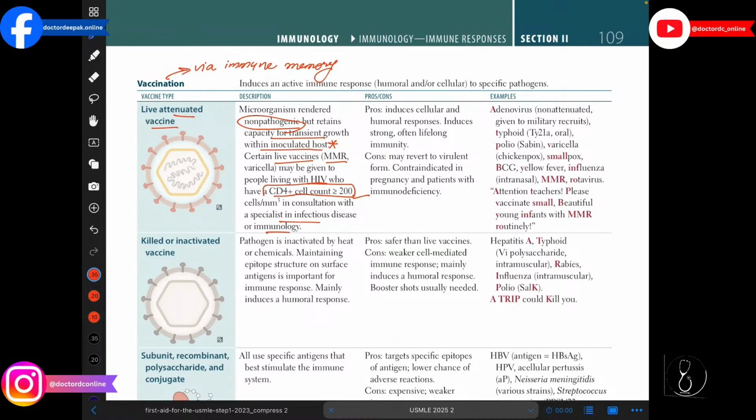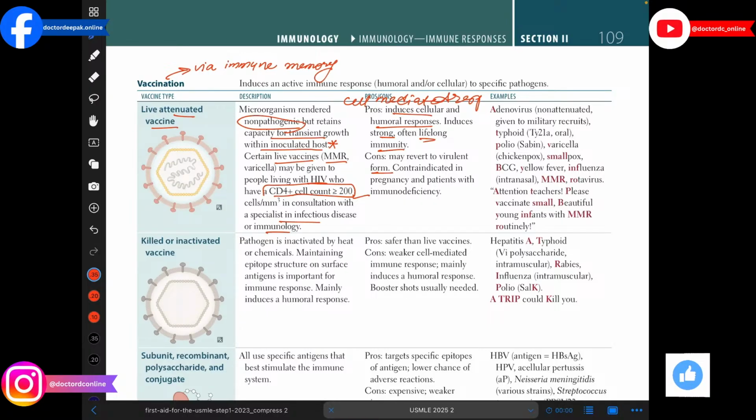What are the pros and cons? The pros are that they induce strong humoral and cell-mediated responses, and they induce strong, often lifelong immunity. The contraindications: it may revert to a virulent form.